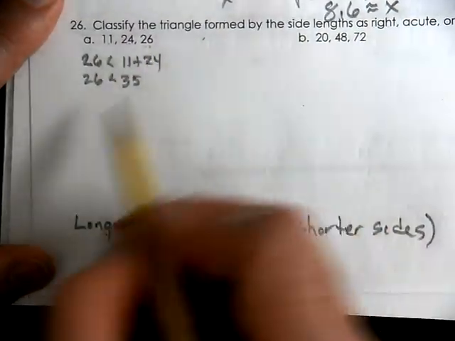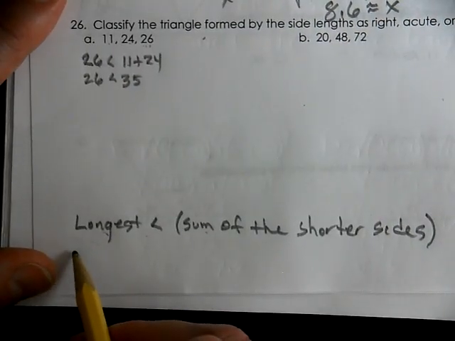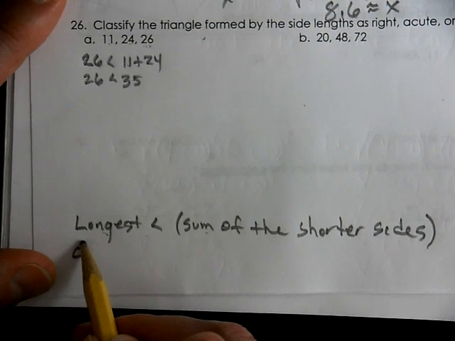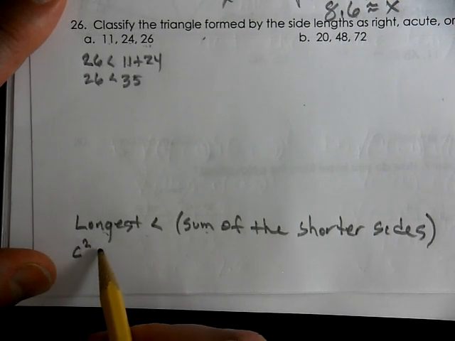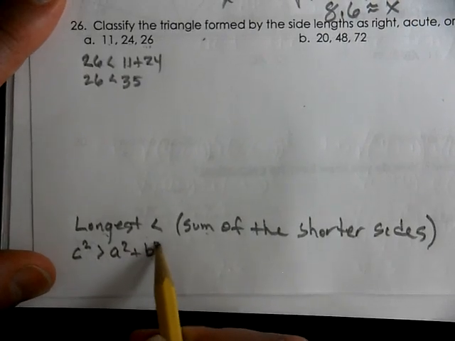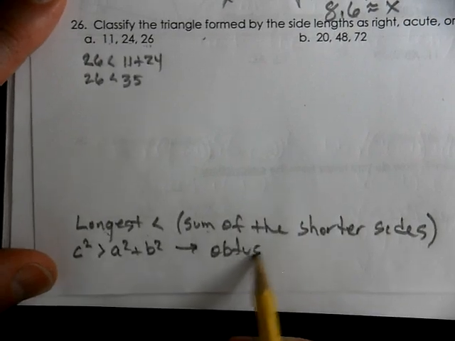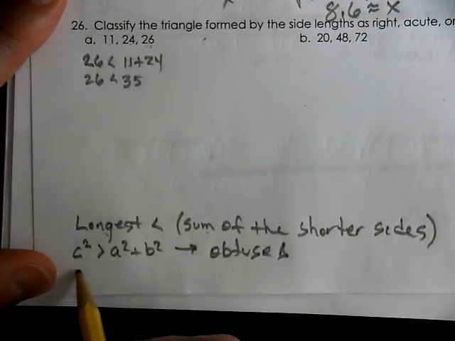Now, if it makes a triangle, then we can take, and let's put in our notes here again, c squared, if it is greater than a squared plus b squared, we have an obtuse triangle.